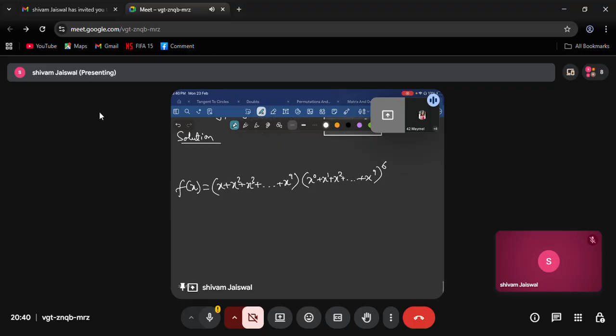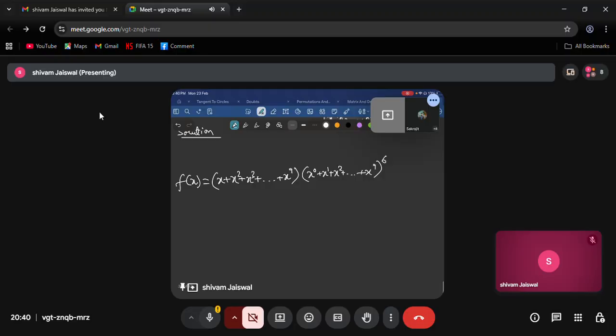Right, tell me. Socrates, have you understood? Yes, sir. Okay. So let us start. Let us simplify this polynomial. This will become x. First term is x into 1 minus x to the power 9 upon 1 minus x multiplied by 1 minus x to the power 10 upon 1 minus x whole to the power 6.